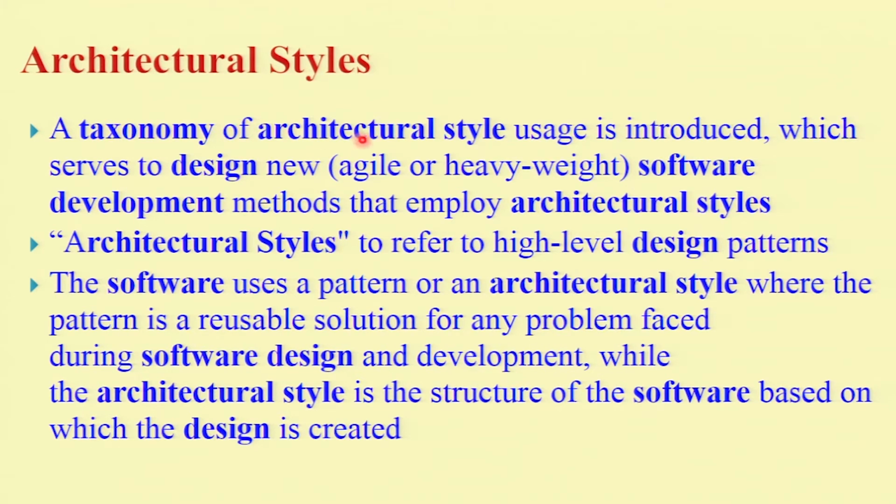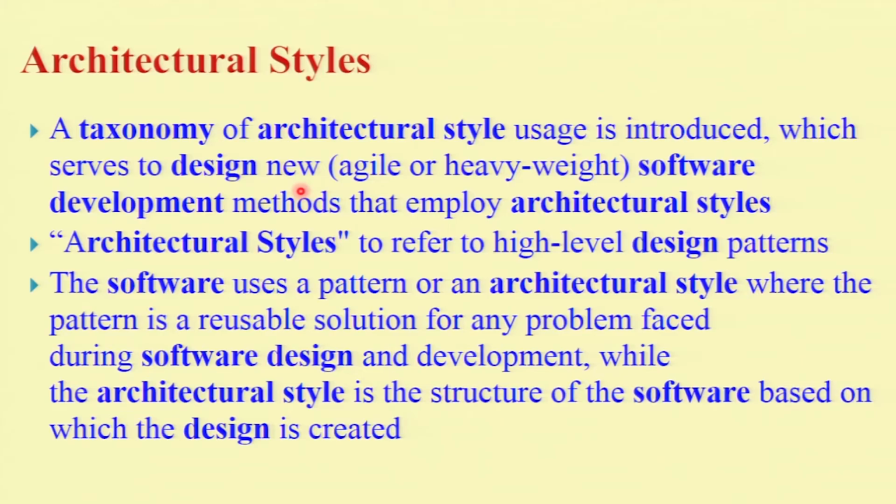A taxonomy of architectural style usage is introduced which serves to design new software development, in the sense we have the new software framework or the new software lifecycle models such as the agile software development lifecycle model, which is a heavyweight model wherein the agile software development methods employ architectural styles. Architectural style is used to refer to high level design patterns.